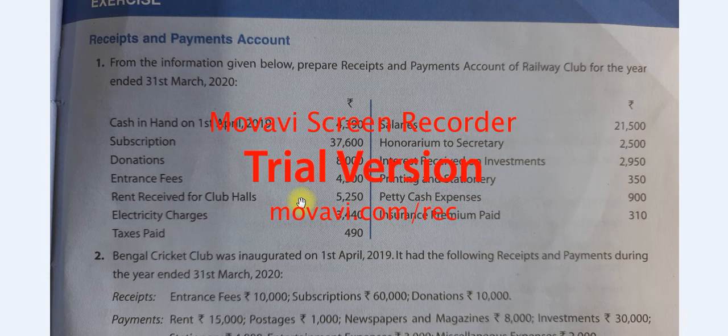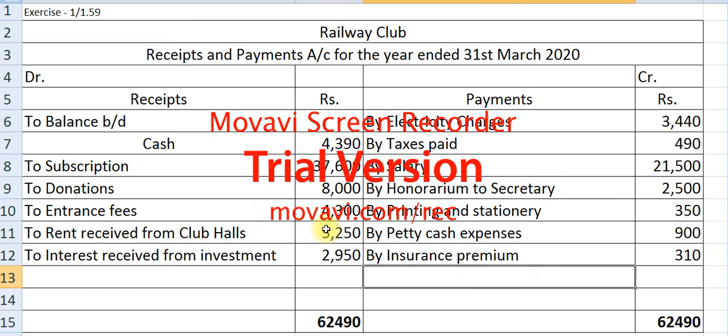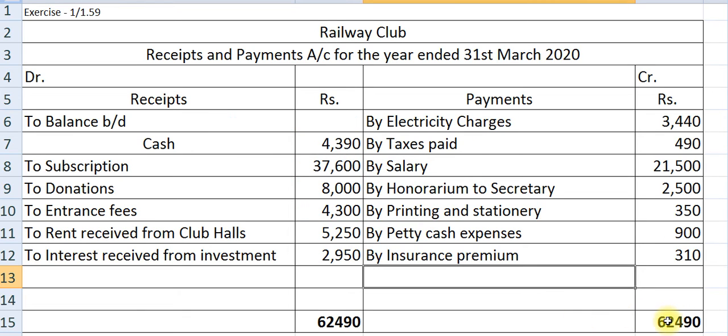So now we have entered all the amounts. See here, 62,490 rupees comes. Then here how much comes?